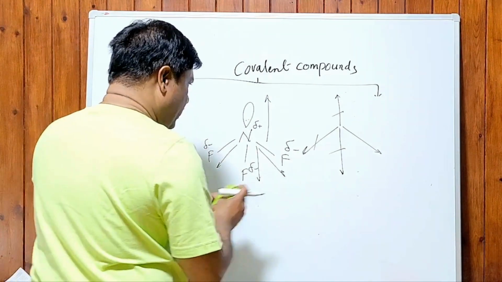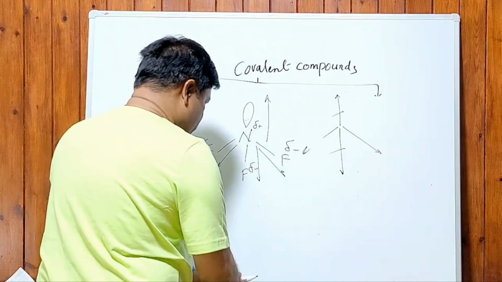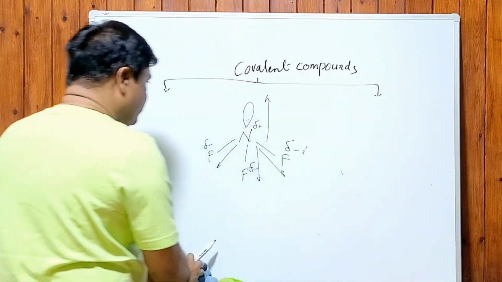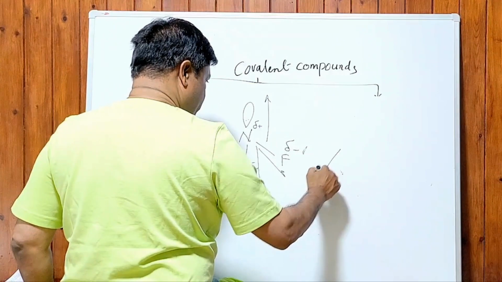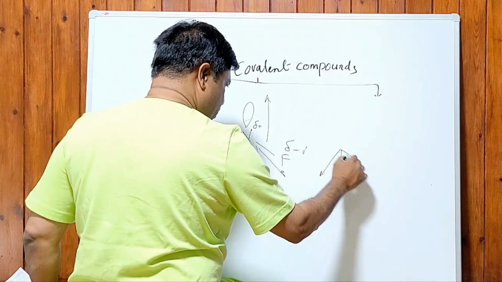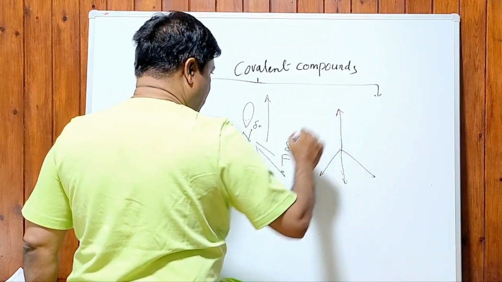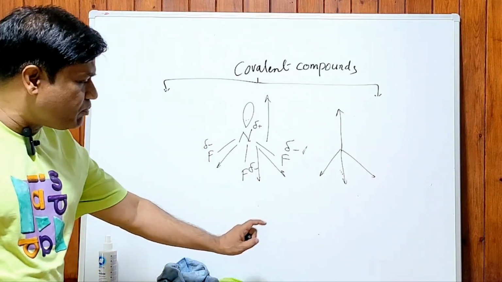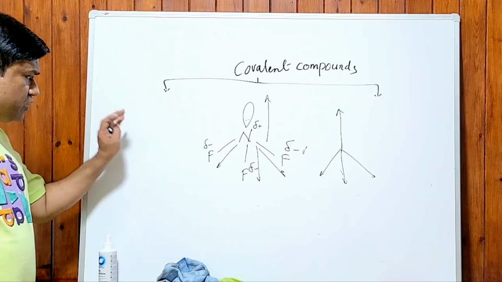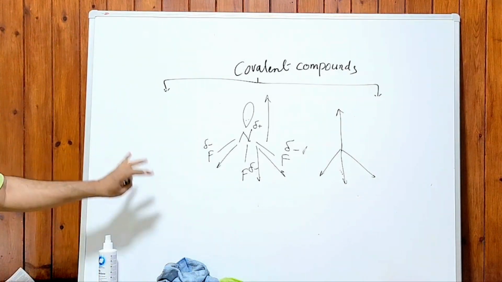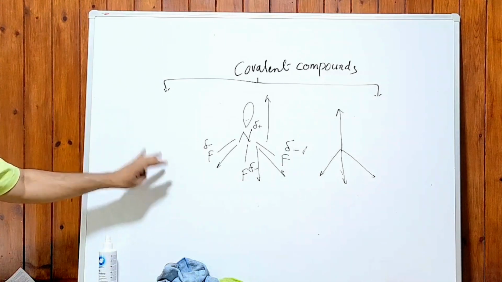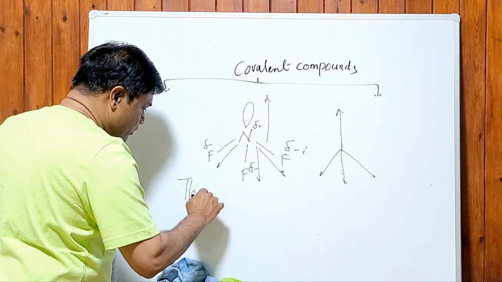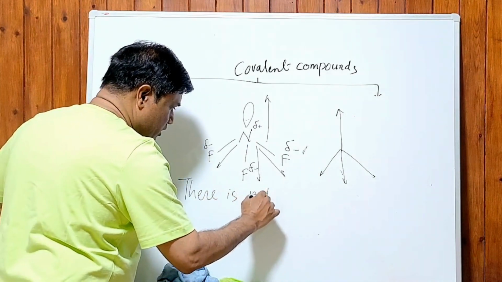These three go in one direction, and only one goes up. So these three are in the downward direction and that one is in the upward direction, so we cannot cancel. Why is NF3 a polar molecule? The reason is that NF3 is polar because there is a net dipole. The dipole cannot cancel here.